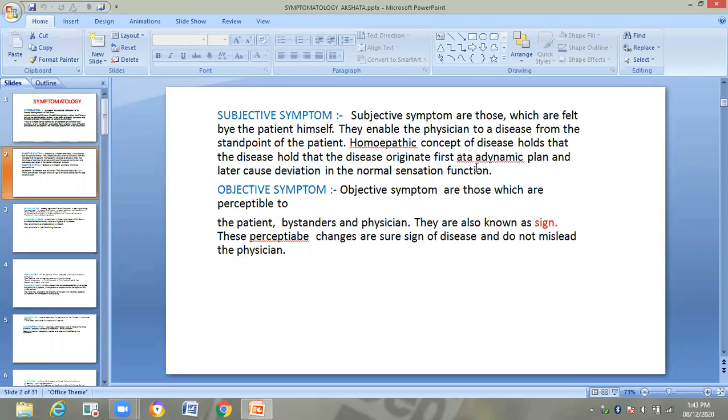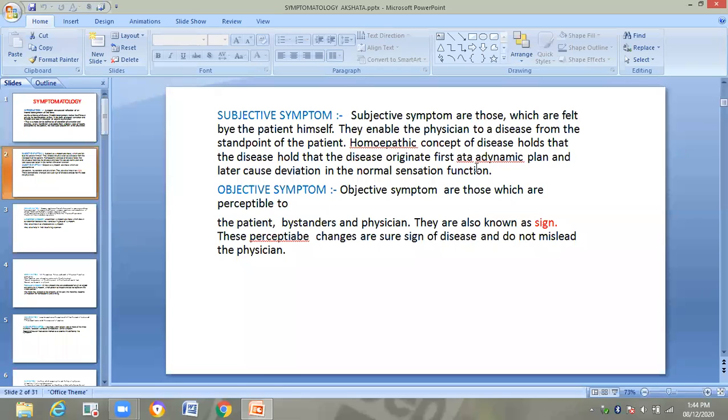It is only expressed, only given by the patient, and not felt by any attendant, any other person around him, or the physician. So the subjective symptoms are only felt by the patient.